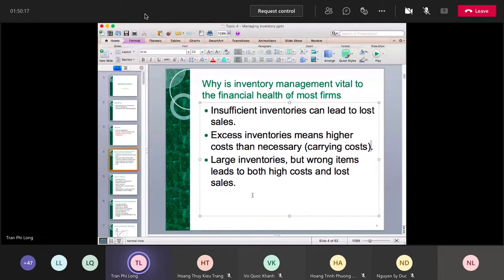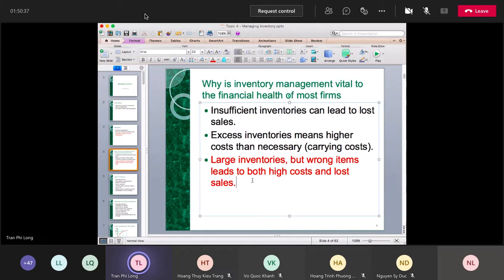And the worst thing will be this one. You store a lot of inventories, but you store the wrong item. So you will have the high carrying cost, and you will face the risk of lost customer.